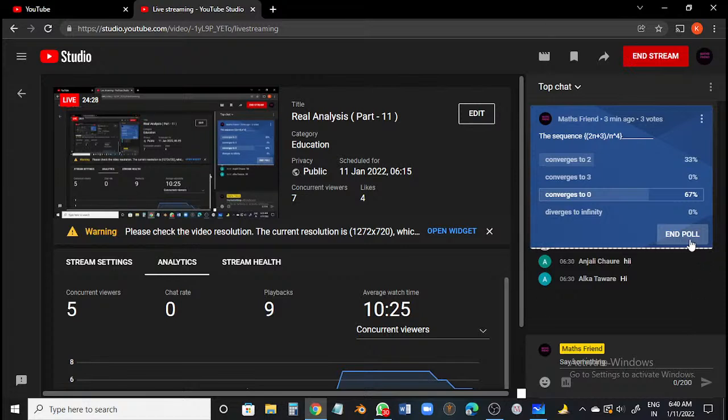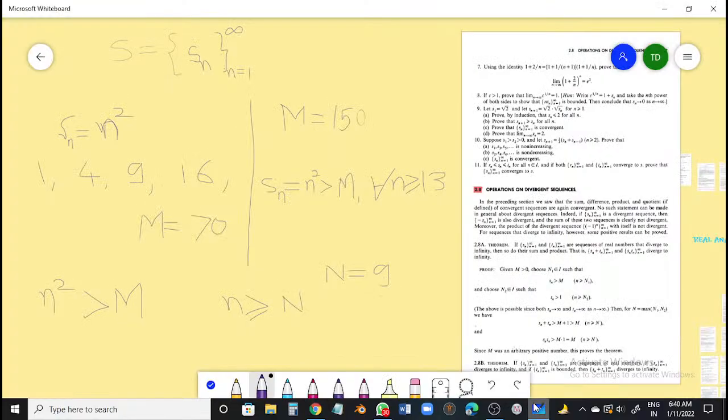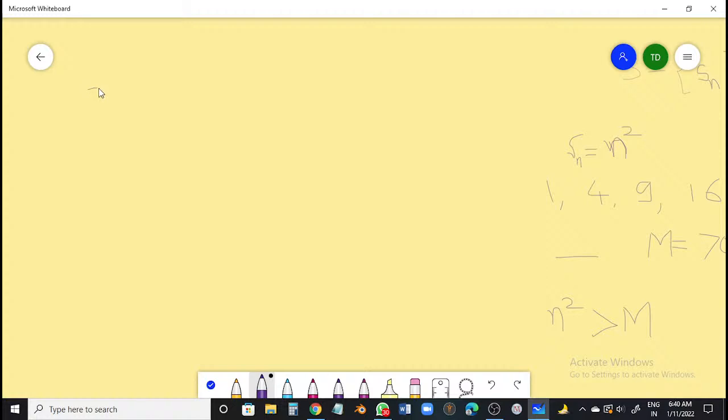So I end the poll and let us see what is the answer. What it asks us is, if you have 2n plus 3 upon n raised to 4, very obviously you can take one n common from the numerator and this n will get cancelled.